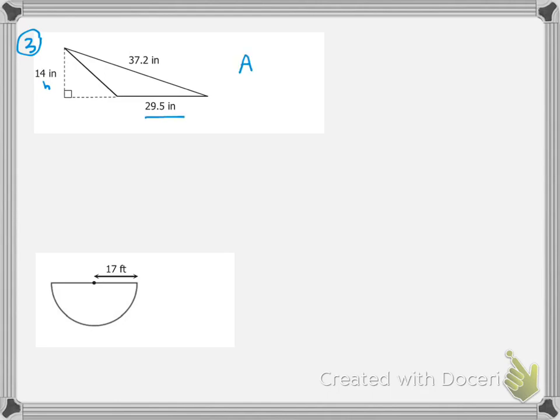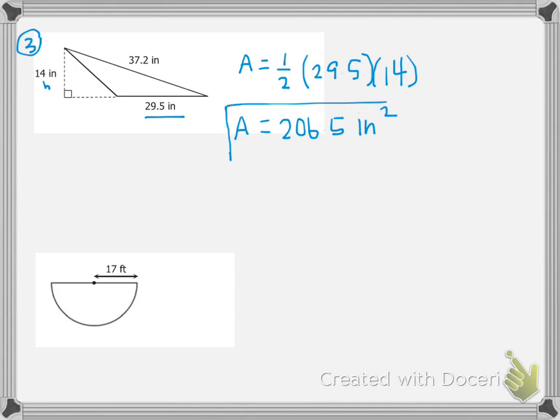So my area here is going to be 1/2 times 14 times 29.5. Is that 206.5? And the units are inches squared. Remember, area is always in square units.